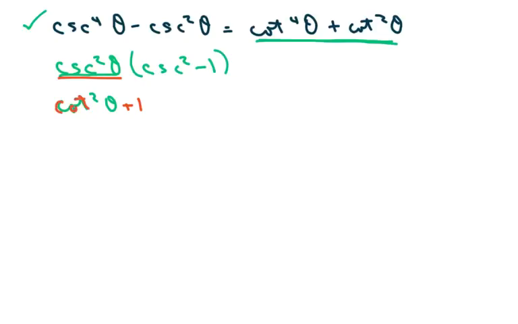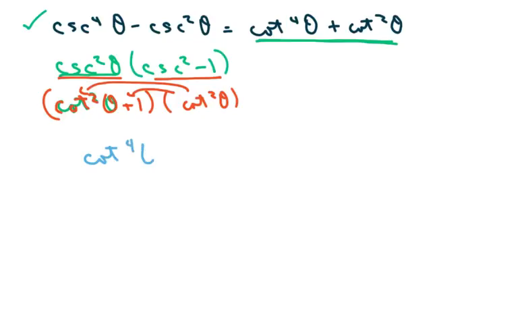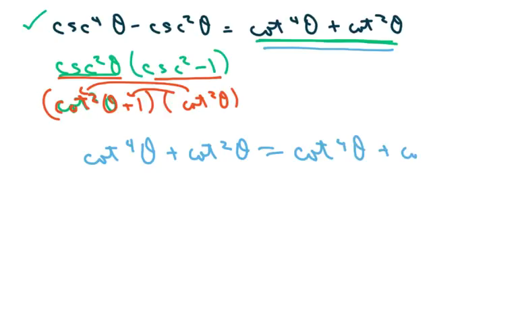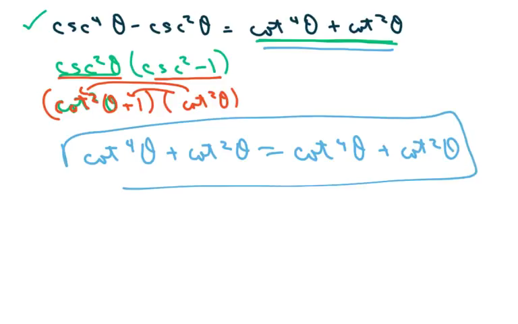And this one equals cotan squared theta. Now when you distribute, you get cotan to the fourth theta plus cotan squared of theta, which equals our desired result, which is cotan to the fourth of theta plus cotan squared. And we established the identity.